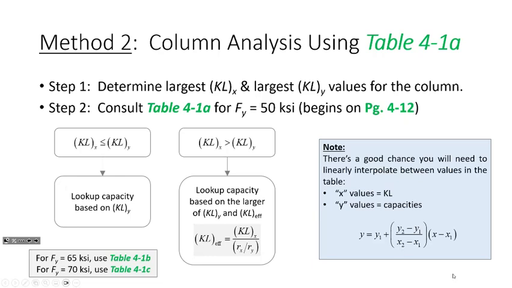Sometimes we're going to be looking up capacities like, what is the capacity if the length is 16.83 feet? There is no listing for 16.83 feet, but there is one for 16 and one for 17. So you break out that old linear interpolation and linearly interpolate between the quantities in the table to find the capacity. If you do that, you should get the same answer that you did before, minus a couple decimal points for rounding and for the fact that you're linearly interpolating.